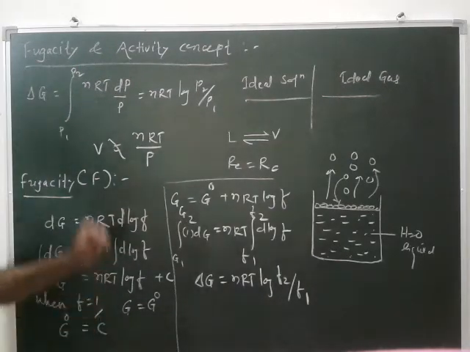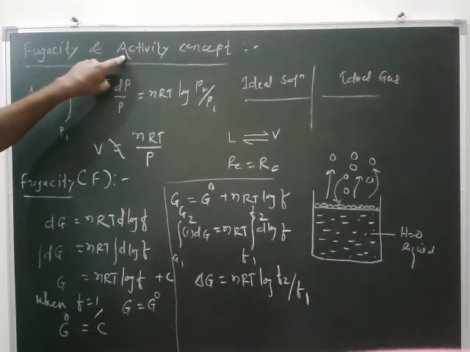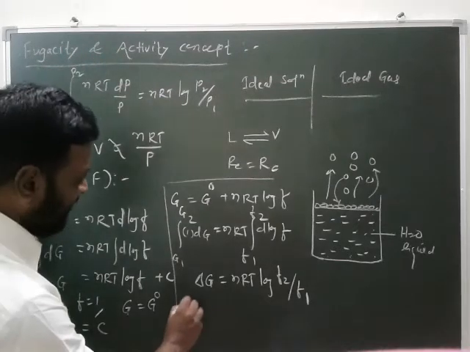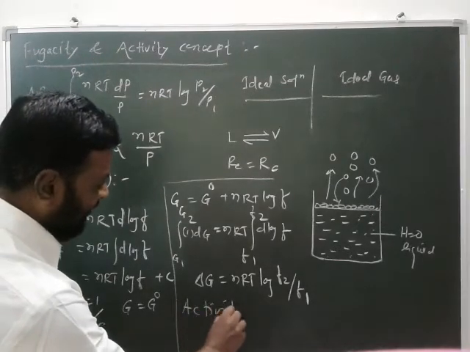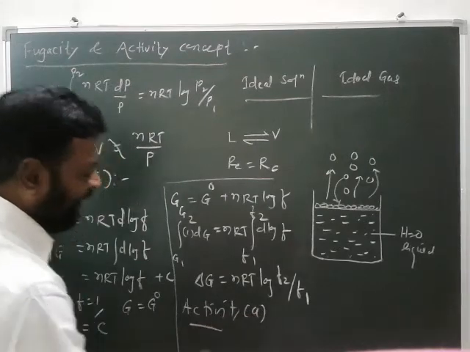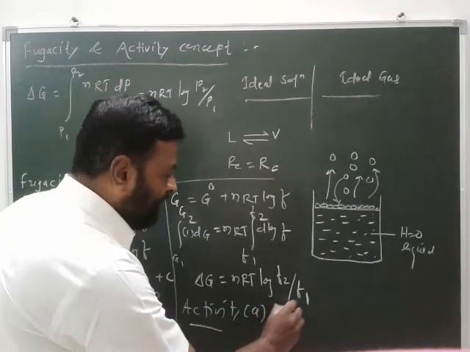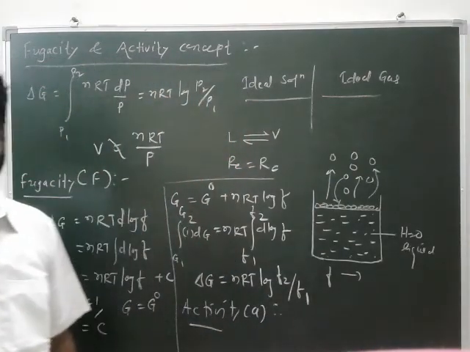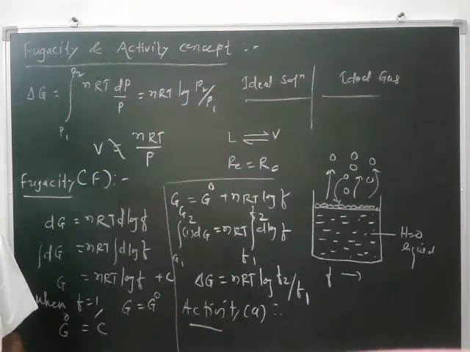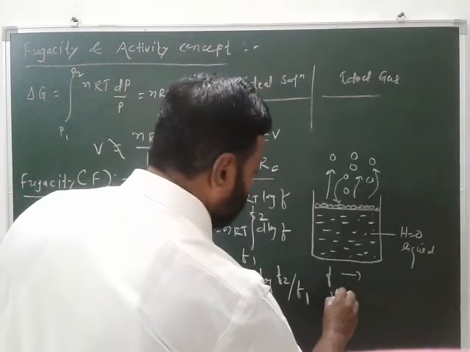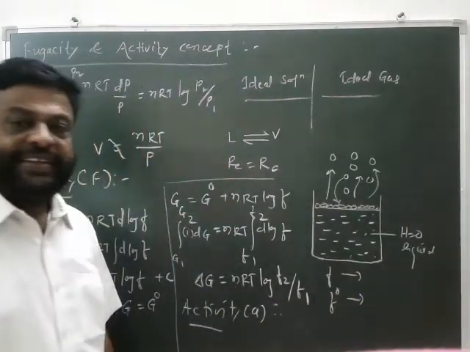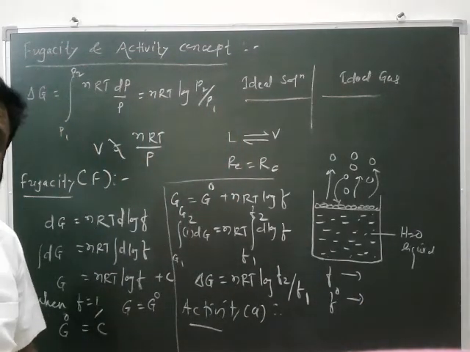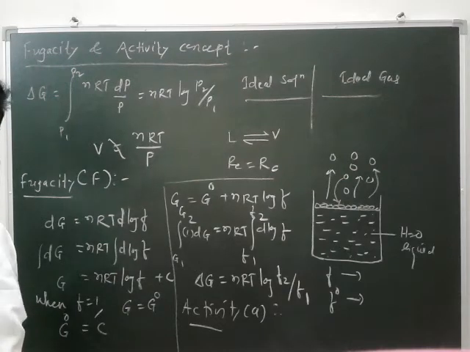Now we are going to discuss the last point, activity, which is denoted by the letter A. F is the fugacity of the substance in a given state, and F0 is the fugacity of the substance when it is present in the standard state.